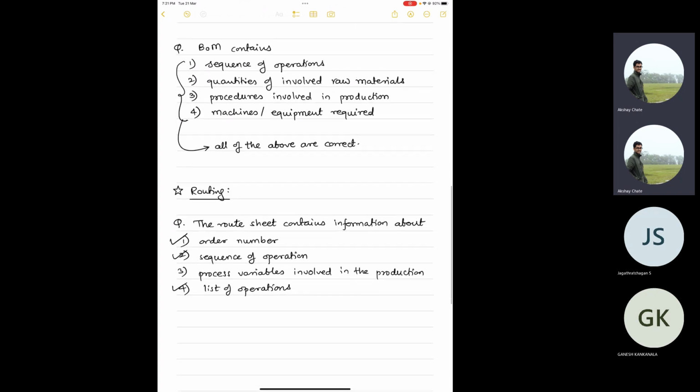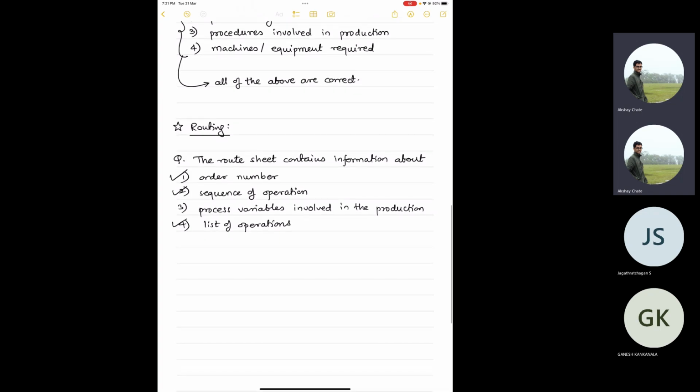That information will not be in routing because it is not the job of the person who is doing routing to know at what temperature or pressure the machines are to be operated. The primary job of the person doing routing is to ensure that, depending on what type of product and what type of plant layout you have, you achieve maximum efficiency with minimum wastage. So that's how routing is done.